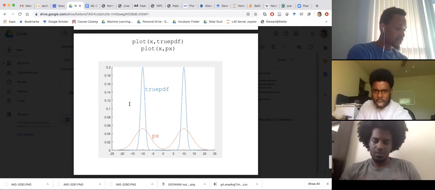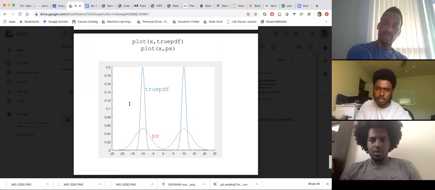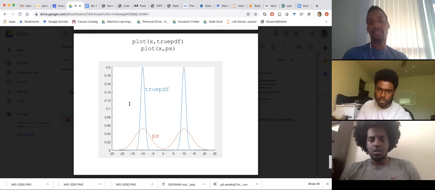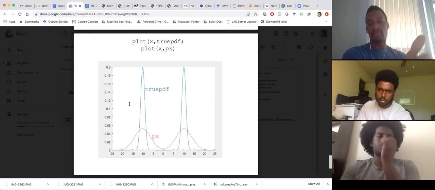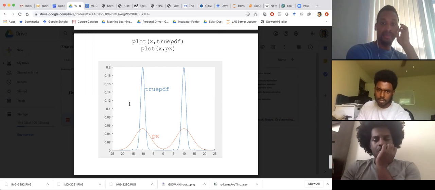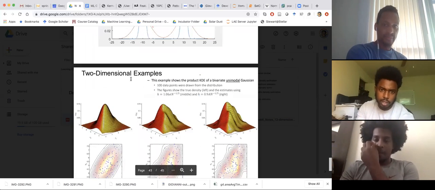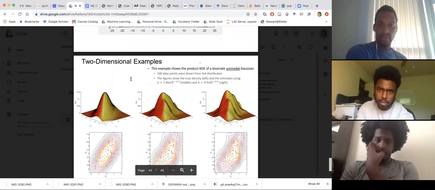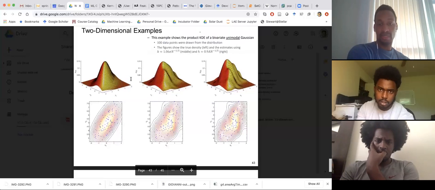Oh, okay. I see. Yeah, and the further you increase your bandwidth, like the more certain you are of the data, then you can kind of get closer to the true PDF. I don't think that. Or increase or decrease, I'm not sure which one it is.